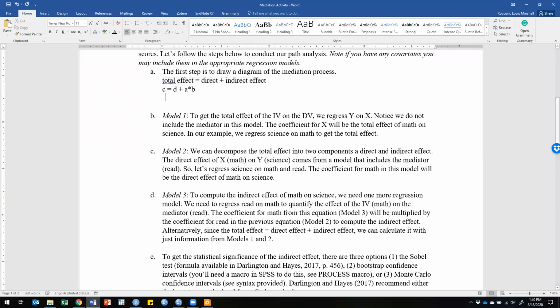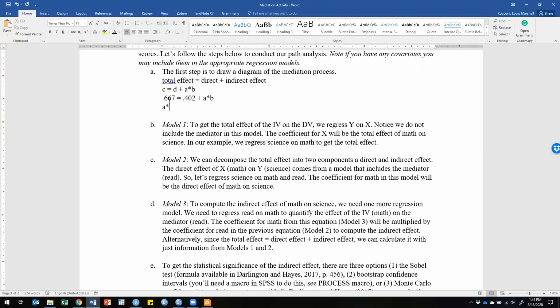Remember, our total effect was 0.667. Our direct effect was 0.402. We could just subtract 0.402 from 0.667, and then I get my indirect effect, 0.265.